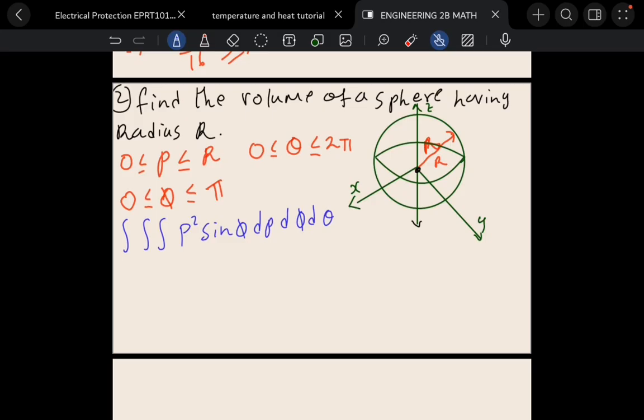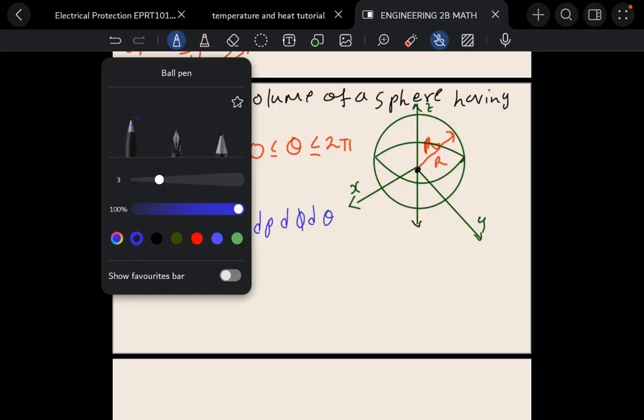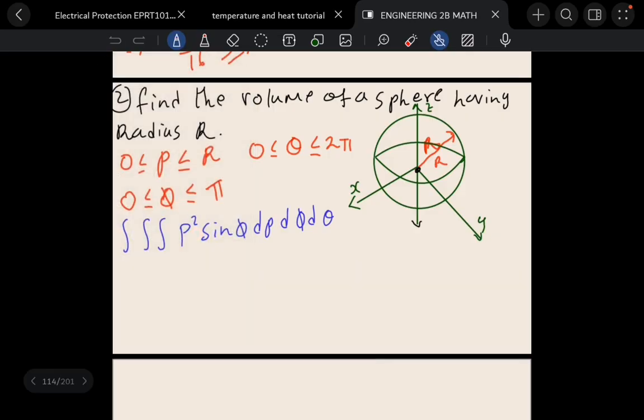Like that. And then what you can notice is that you can actually get your answer very quickly again here. So your rho will start from 0 to r, your phi will start from 0 to pi, your theta will start from 0 to 2 pi.